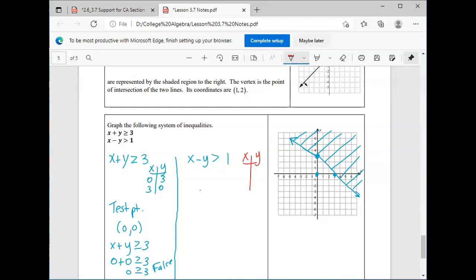The intercepts are kind of easy on this one too. If x is 0 here, then that would end up being negative y is greater than 1. So we would divide by -1. That would make us switch our sign, but that doesn't really matter right here. So y is -1.